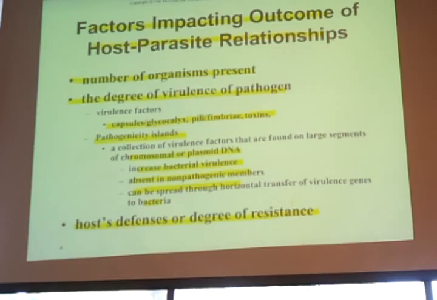Before I go on to the next slide, imagine that if you have a large dose of an organism that has a large amount of virulence, together that's going to make a big problem for the host defenses, right? So if the person is exposed to a lot of those organisms and they're highly virulent, you're pretty much certain the person is going to end up getting that infection.